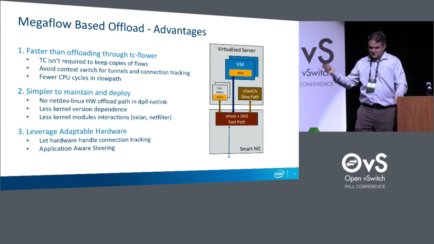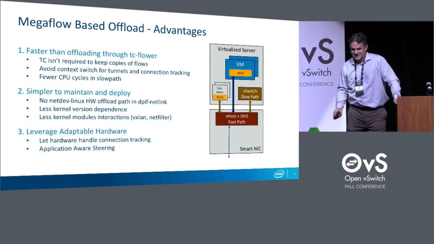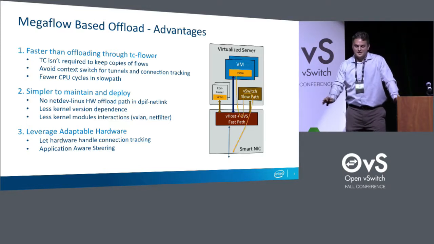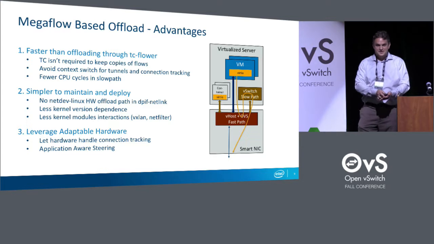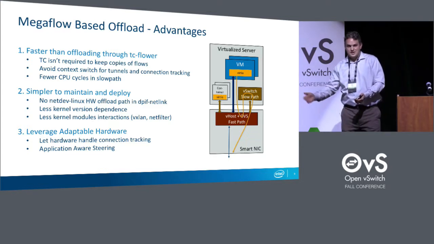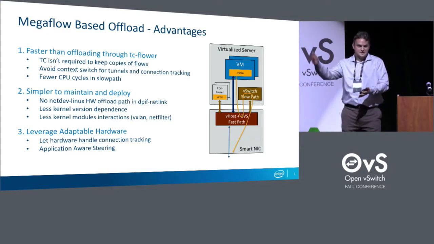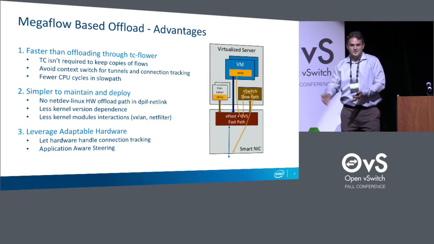And my cartoon for this is that I know I said all or nothing, but actually for connection tracking, we're not there yet. So what we do is when a new TCP flow comes in, we are still punting that first SYN packet up to software to be processed.